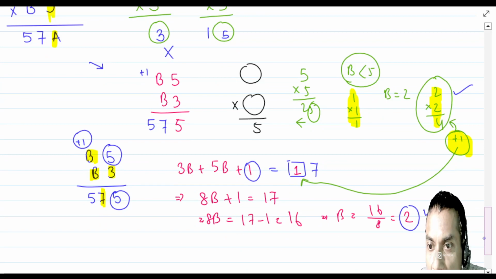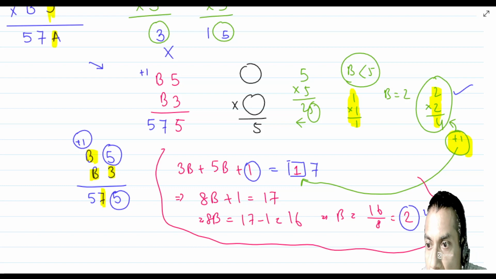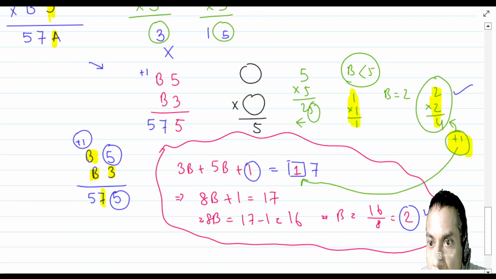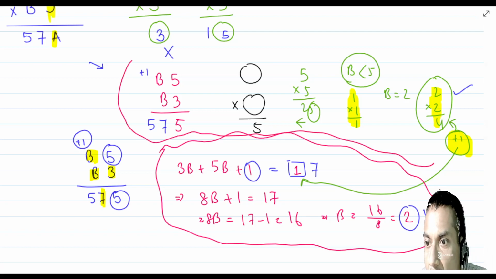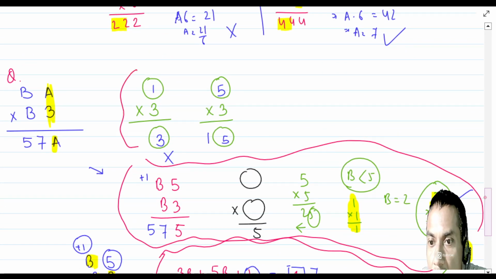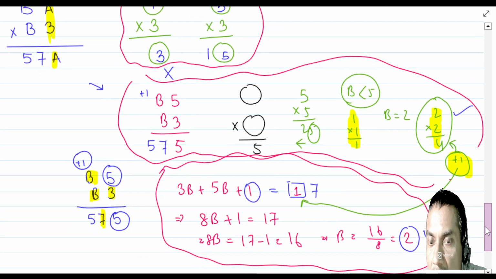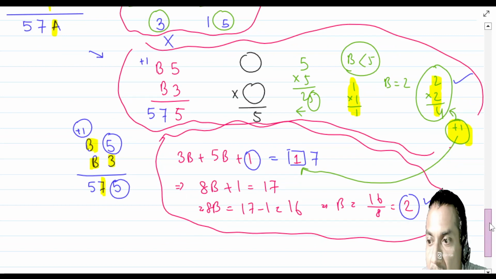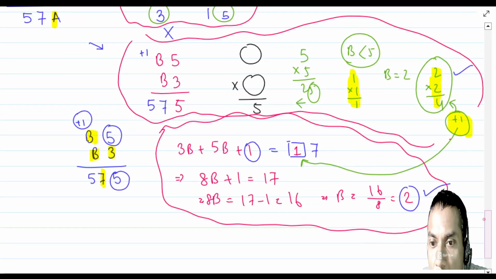So this is the middle term calculation. This is the most left term calculation, and this is the first term calculation, the most right side units place calculation. By these 3 steps we get the value of B as 2 and A as 5.